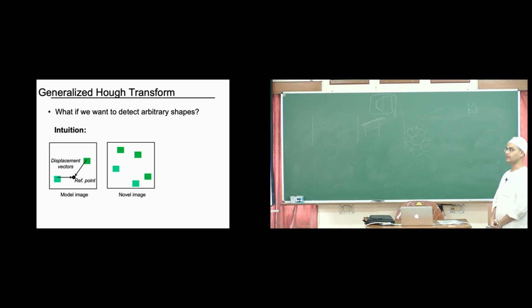Okay? How to do that? This is just the intuition, the real thing will come later. So, all you do actually, you can have a reference point, you can find, oh, I have this point, and from this point the brighter or darker green is this far away and the lighter one is this far away.